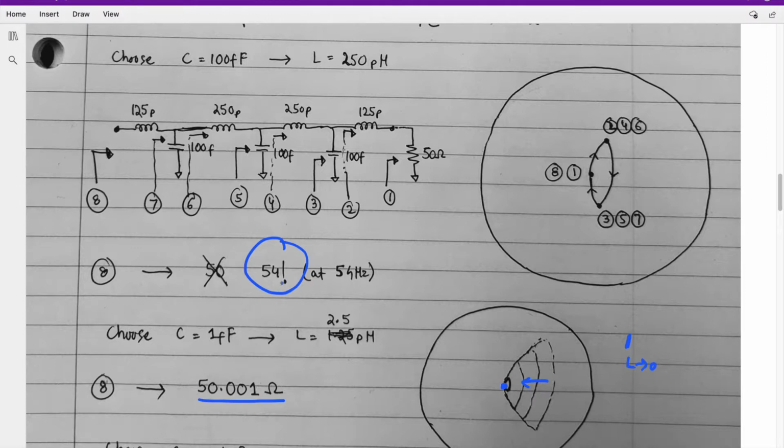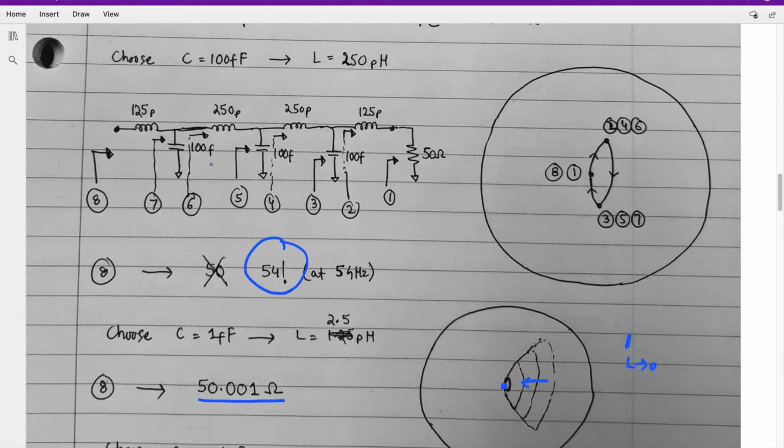So why did that happen? This has to do with the fact that this is not a transmission line. This was an approximation. That is why you should also see I have this start and end inductor of 125 picohenry. They are not 250 picohenry, because this is a very small piece of line, and this is not actually a transmission line, this is a lumped equivalent.